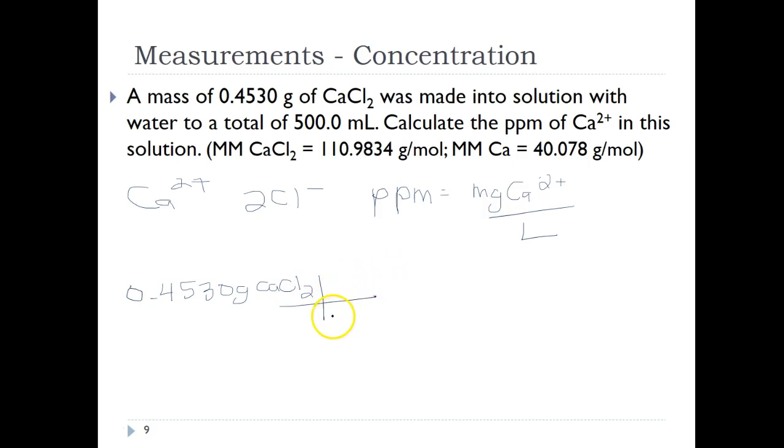So I'm going to start by using the molar mass of calcium chloride. Up there it was given in the parentheses, 110.9834 grams in 1 mole calcium chloride. So for every 1 calcium chloride, we're really only interested in the calcium, but there's only 1 calcium.